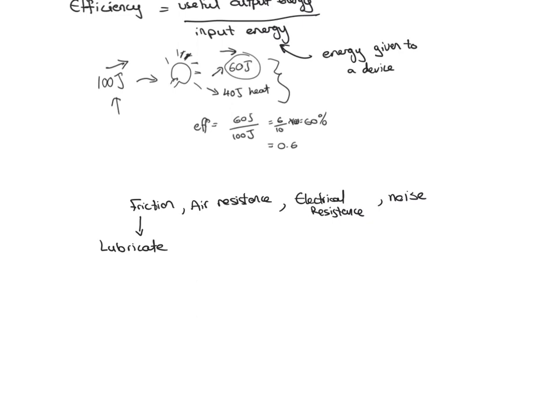If I want to remove air resistance from a car, for example, or from wind turbines or things like that, then I should make a more streamlined shape. That's how, when you design it, you can minimize the energy losses as heat. So all of these cause thermal energy losses, wasted energy basically.